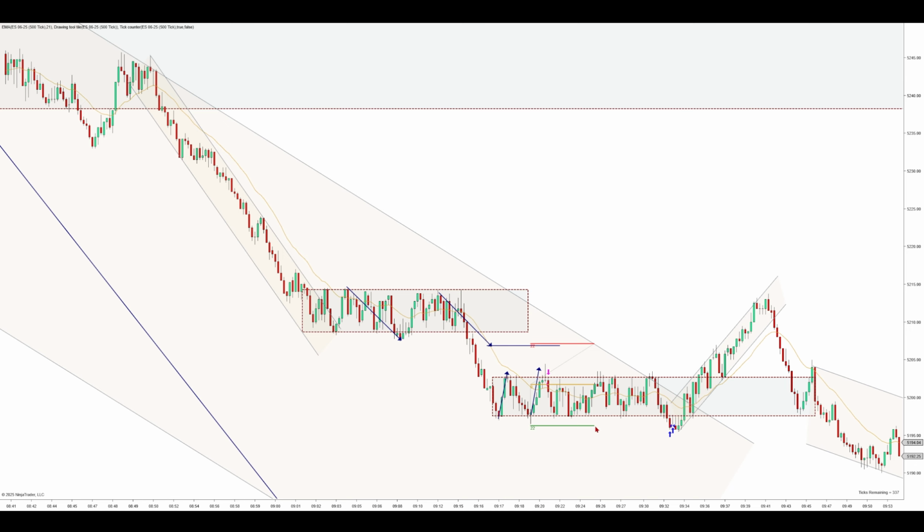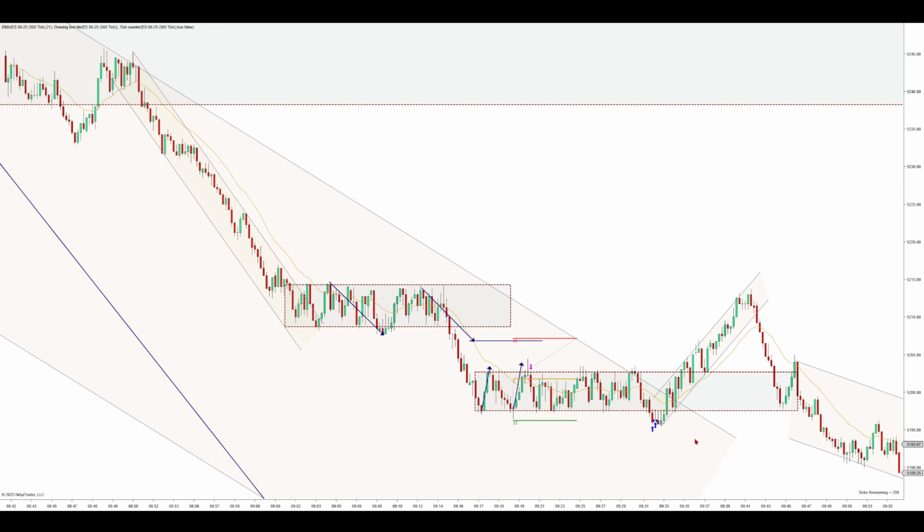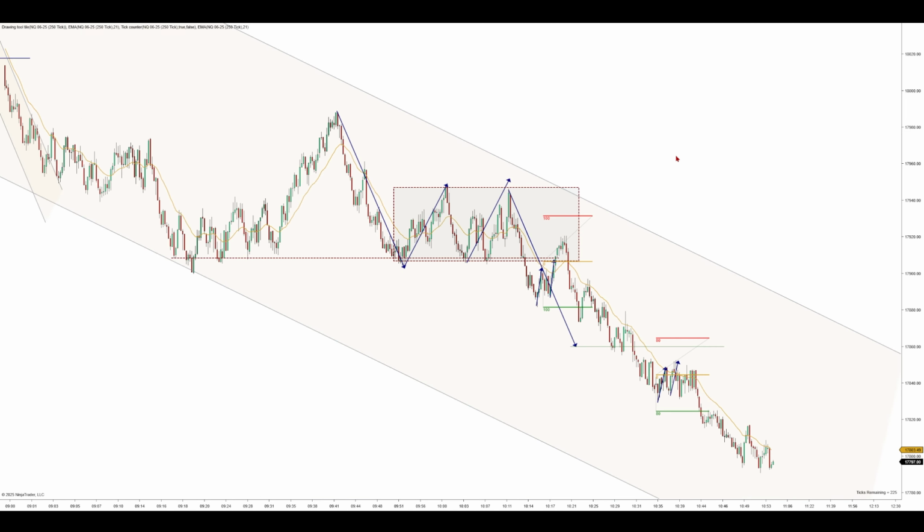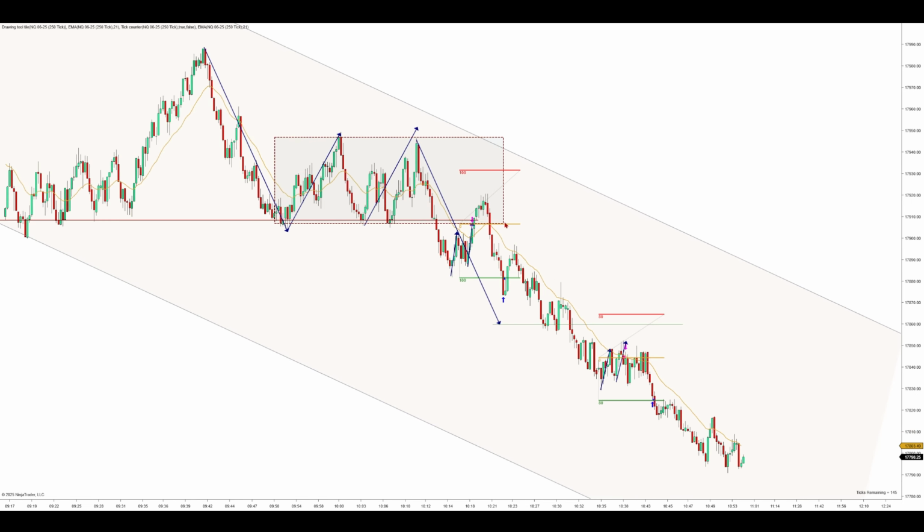But we all learn from what we trade and what we do. I'm going to turn off these plots. It's funny, I just found out how to turn on the plots again after a very long time. Over on the NQ, you can see here, we got in right here, got out right here.